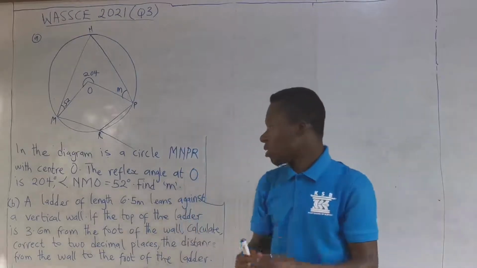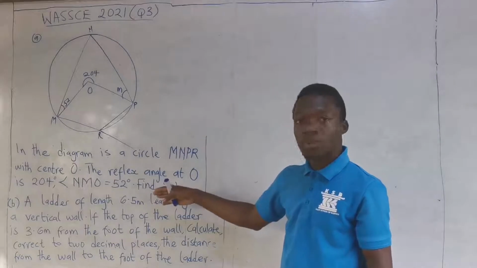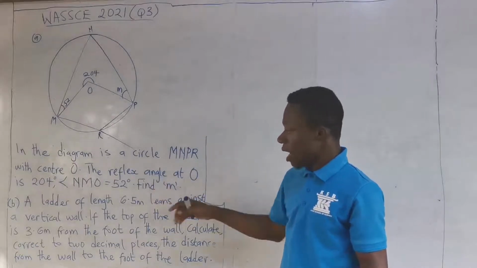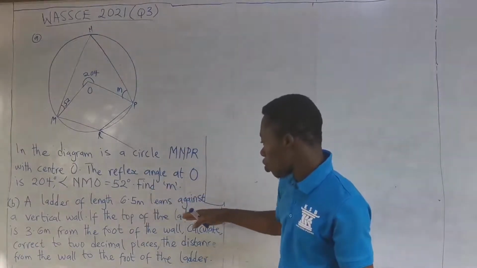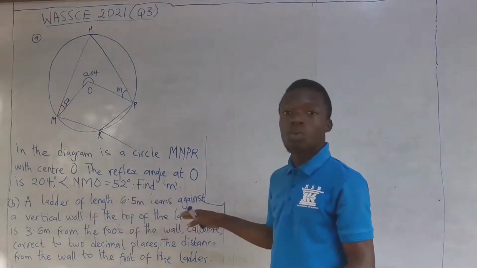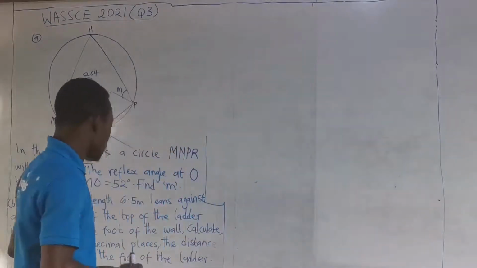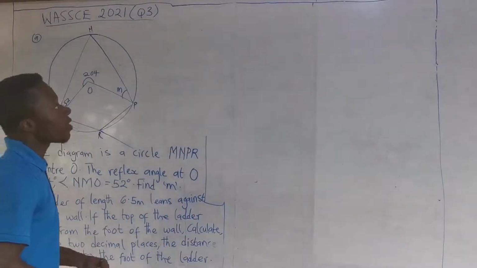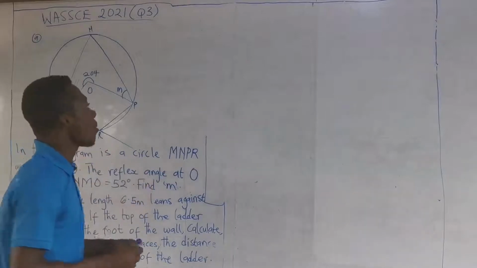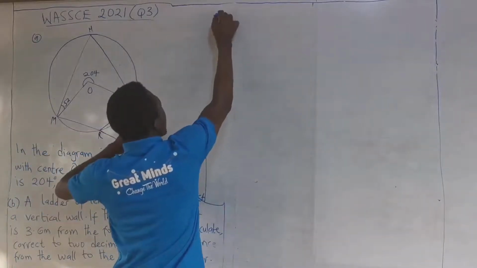So we are going to have a presentation. They are saying that the length of the ladder was 6.5 meters, and the top of the ladder is 3.6 from the foot of the wall. So let's see how we engage with this presentation when it comes to the ladder problem. First of all, let's have our wall. So that is the B part.